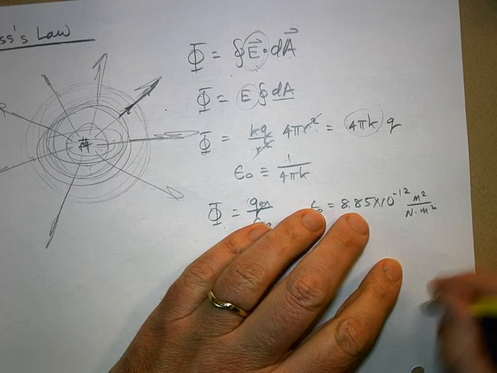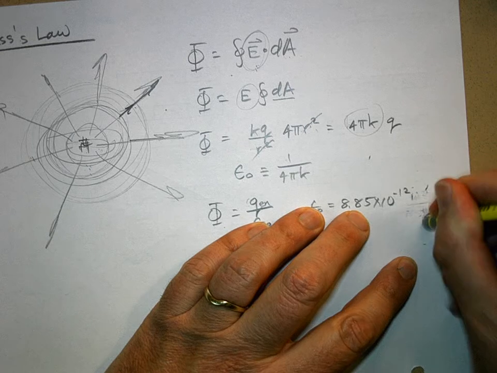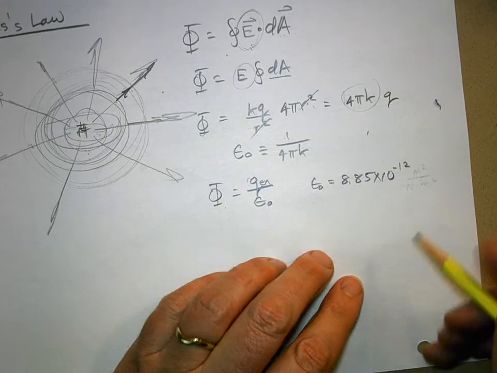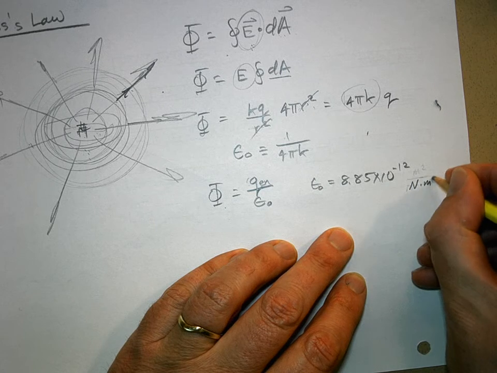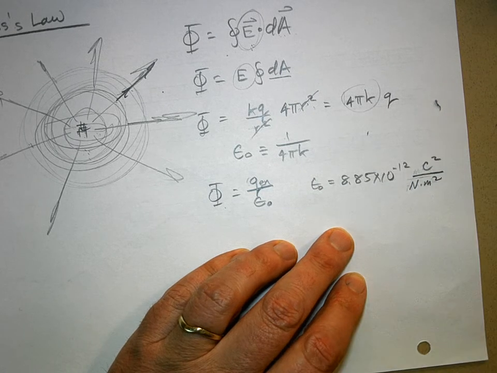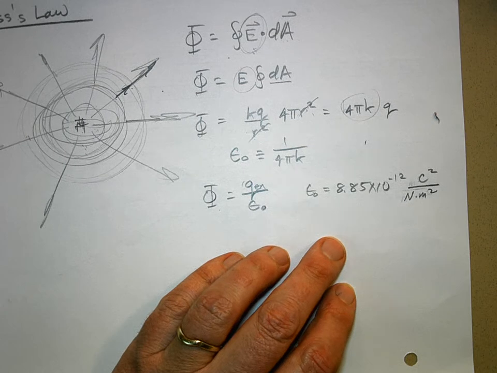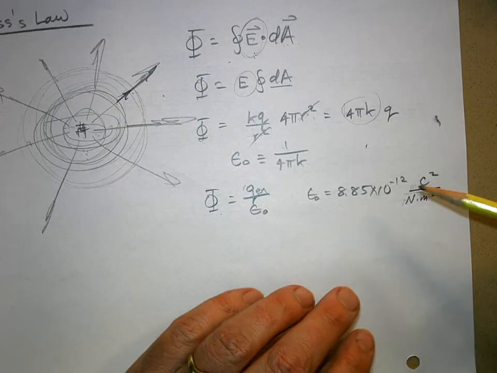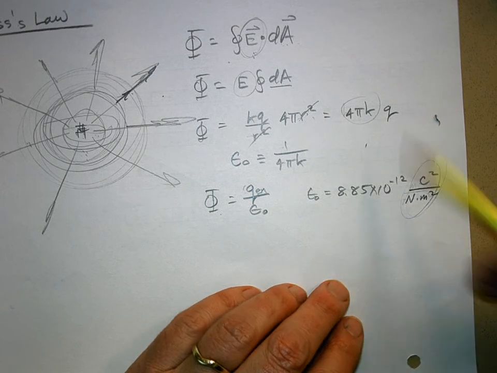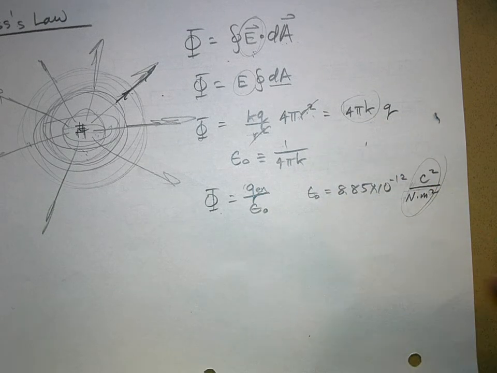It's Coulomb squared per Newton meter squared. Is that right? Okay, yeah. Actually, I tried in my little brain to reciprocate the units for k. That's all you have to do, is reciprocate the units for the electric constant, and those are the units for epsilon naught.